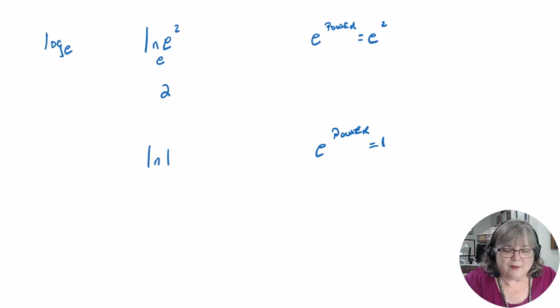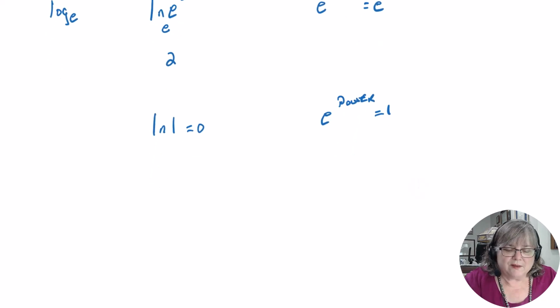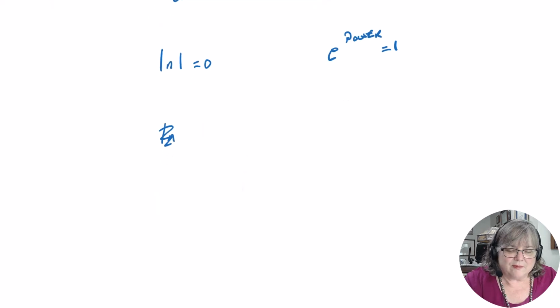Again, that would have to be equal to 0. So the rule to keep in mind is that if you have any log, of any base, e, base 4, base 5, 7, whatever, and you get 1, the power has to be 0.